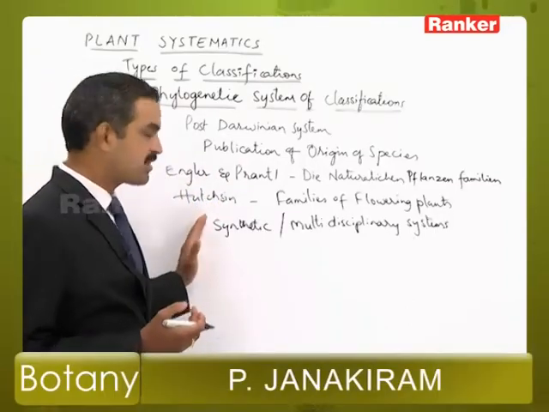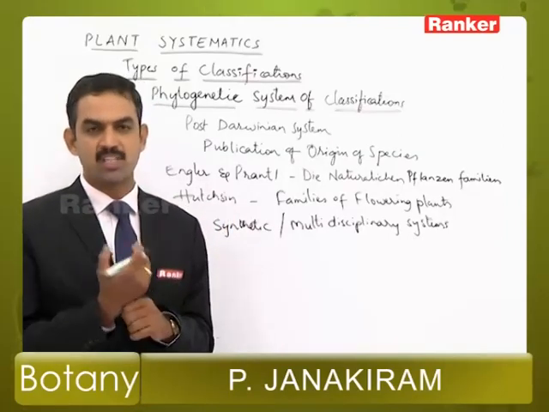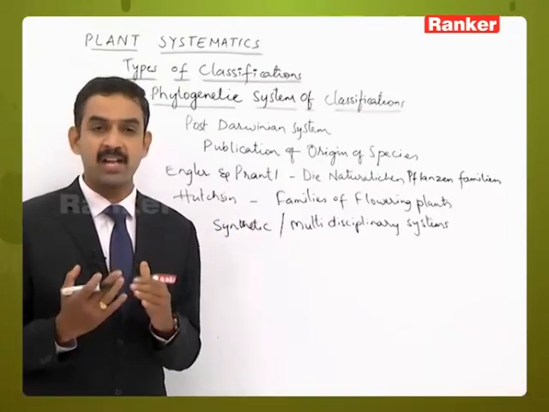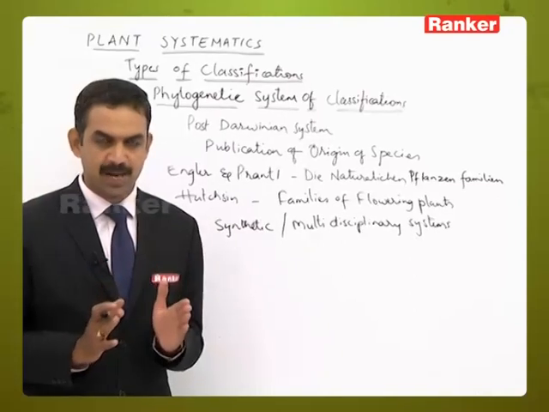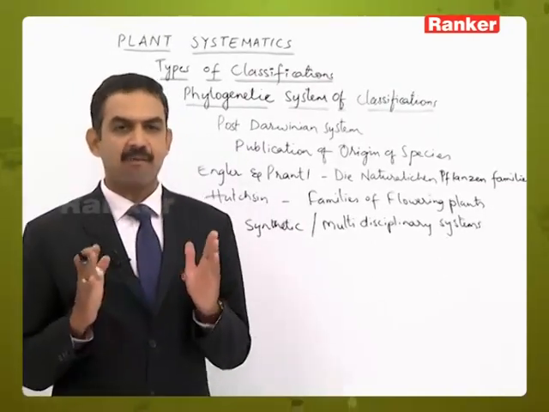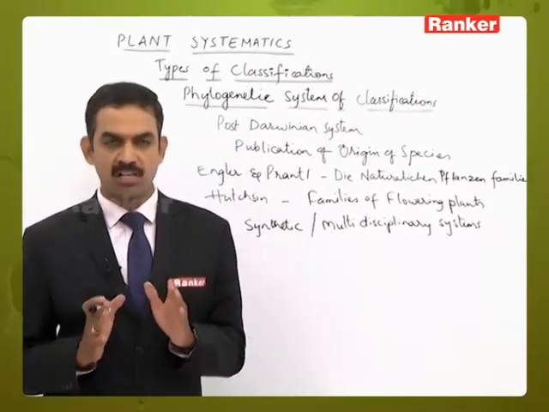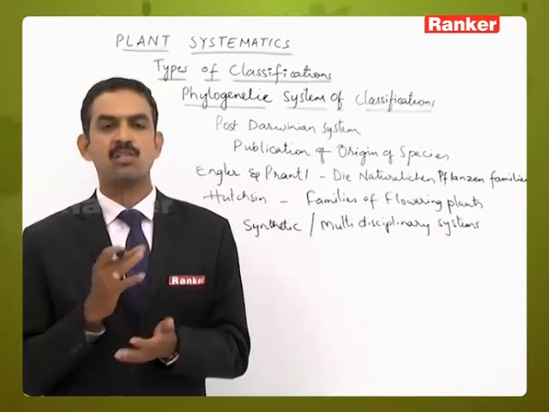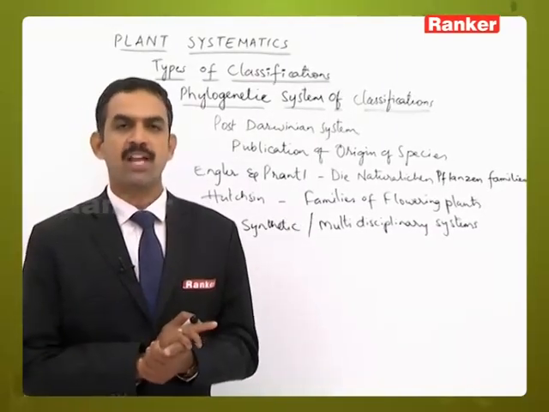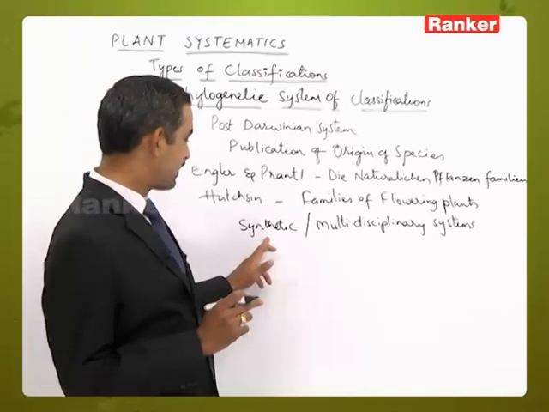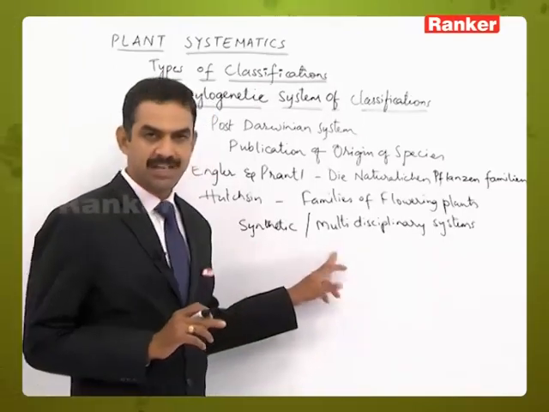In the synthetic systems there is a little more advancement, where not only genetical changes, evolutionary changes and phylogeny, but also knowledge from various branches of botany is considered. That's why it is called the synthetic system of classification.